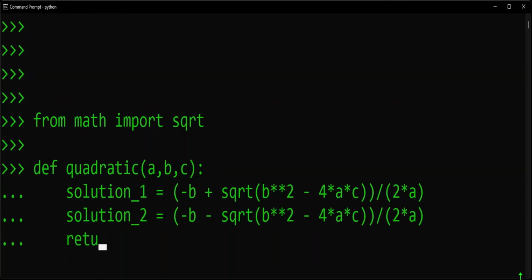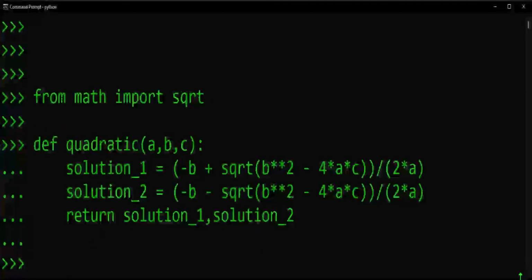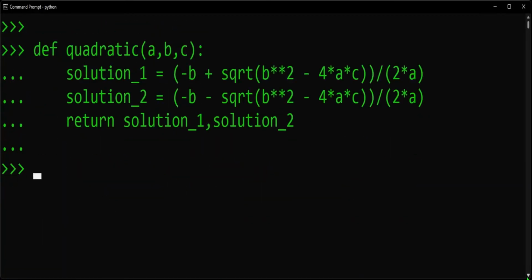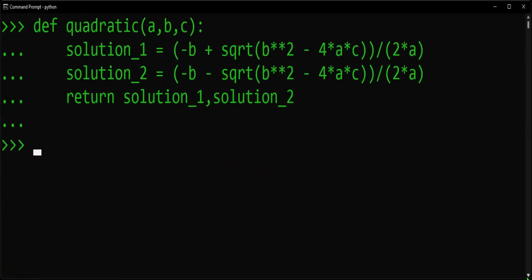And we're going to have this function return both solutions, solution 1 and solution 2. So now we can use this function to solve the 2x squared plus 7x minus 15, and we're going to check our solutions afterwards. So this is the function we're using.